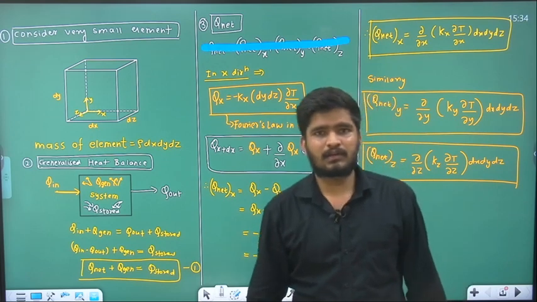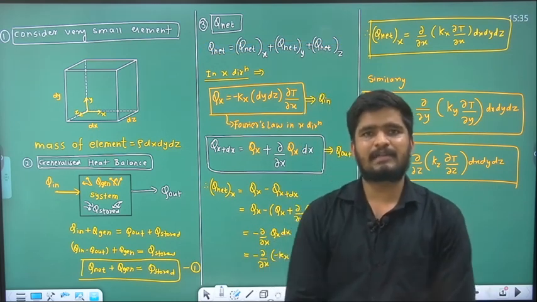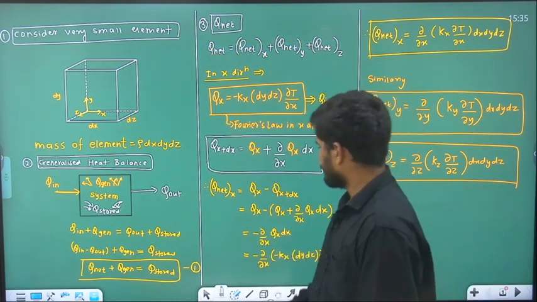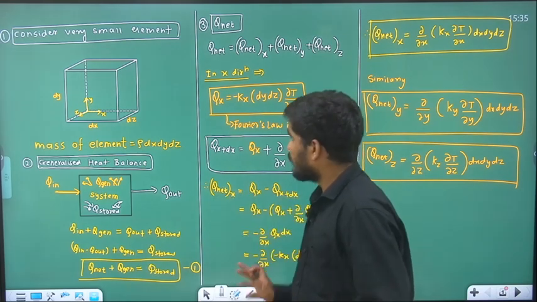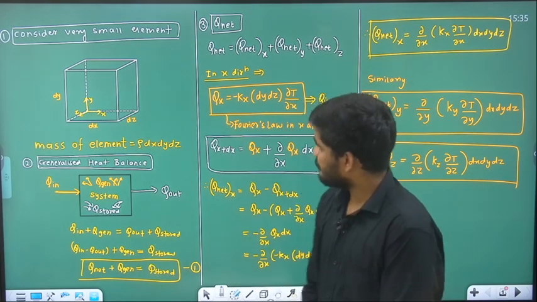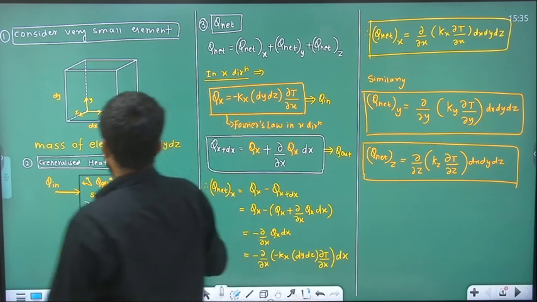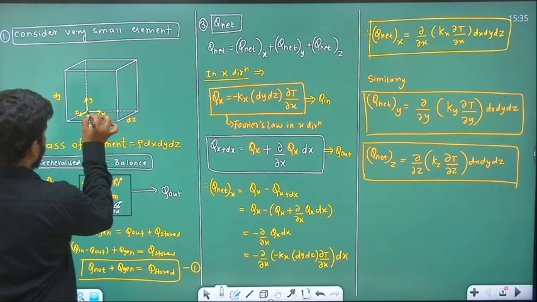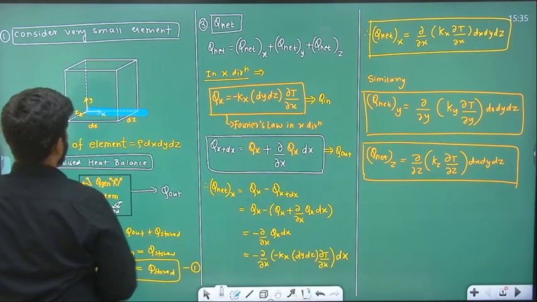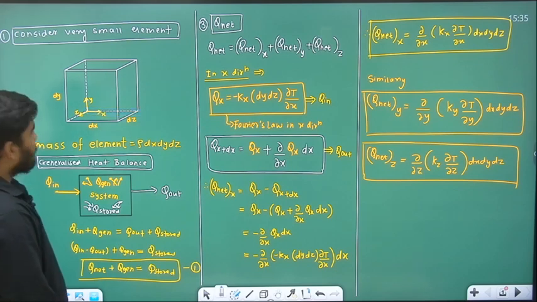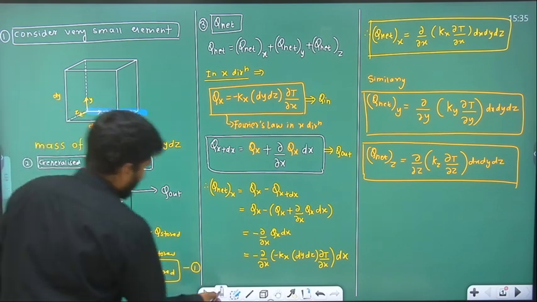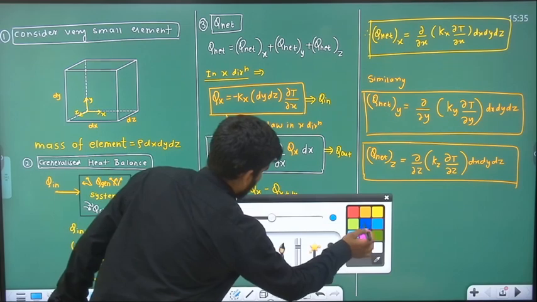Now let us think about a specific direction, and that too x direction. So let us think of that particular diagram. See, this direction is x direction. Now in x direction I have two faces to take care.